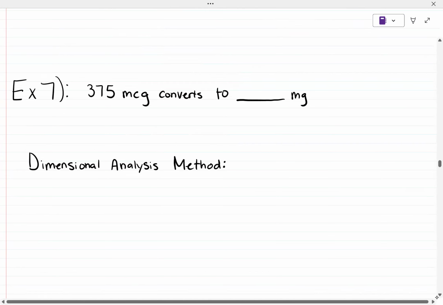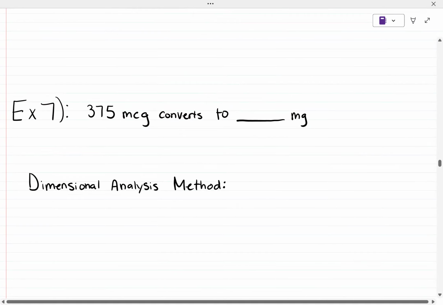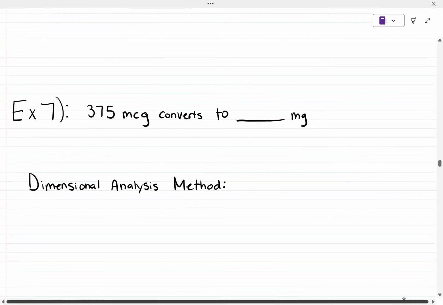Okay, example 7. We have 375 mcg converts to how many mg? So let's do dimensional analysis.